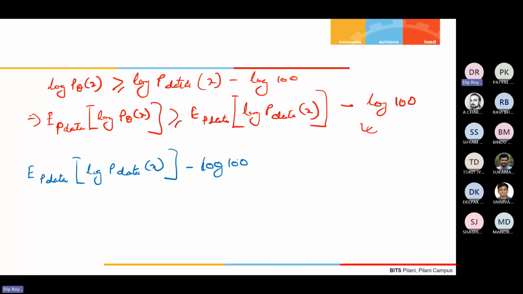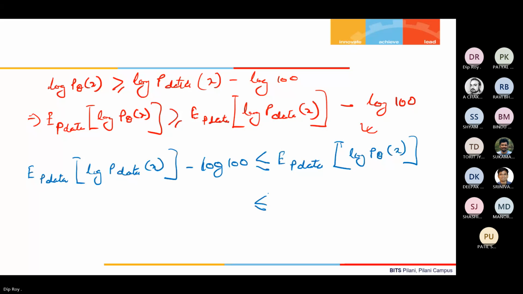Log of 100 is less than or equal to expectation of P data, log of P theta x is less than or equal to expectation of P data, log of P data x. And see how beautiful this equation is.